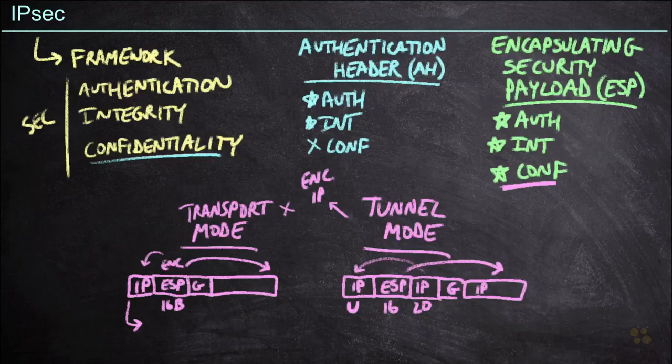So whenever we're designing an IPsec environment, we have to make two different design decisions. First of all, we have to decide between AH and ESP, and second of all, we have to decide between transport and tunnel modes. Now this appears pretty straightforward, right? We're going to use ESP and tunnel mode because they are the more secure options. However, pay attention to what's happening with ESP and tunnel mode. We're adding additional overhead.